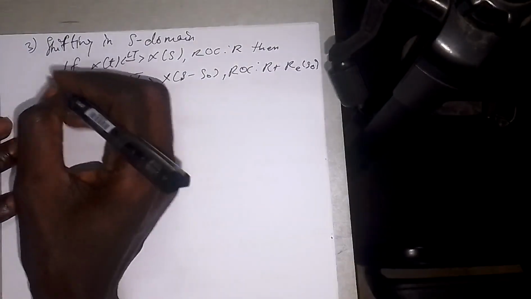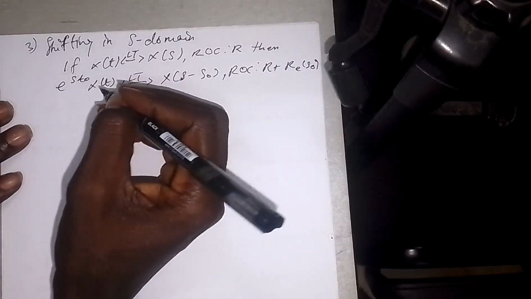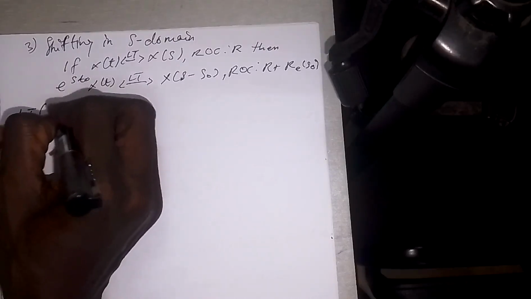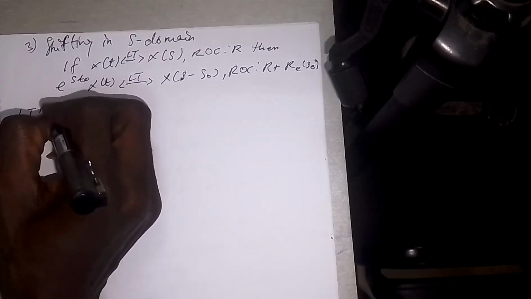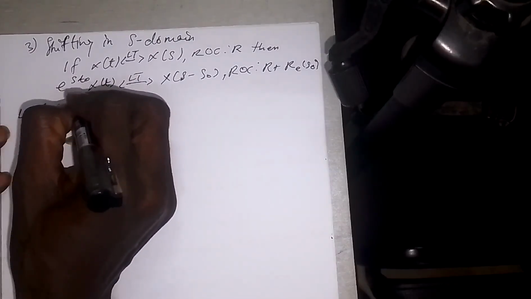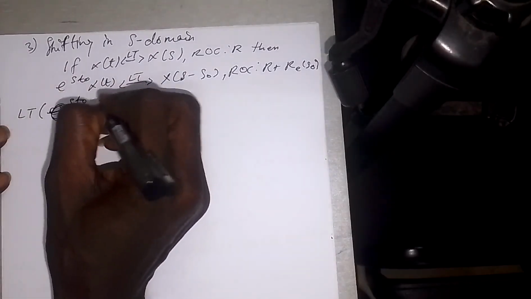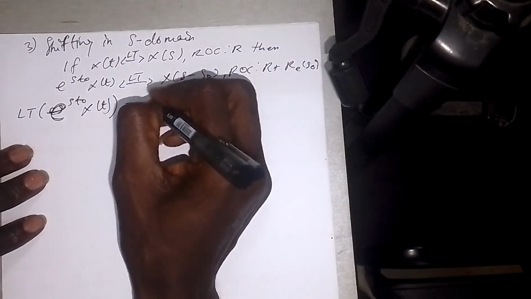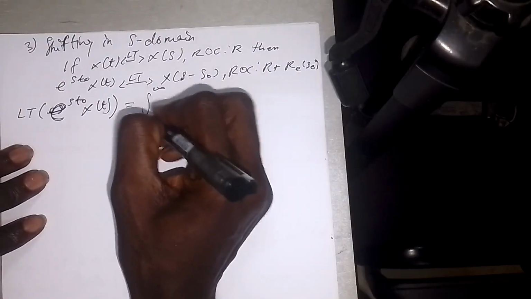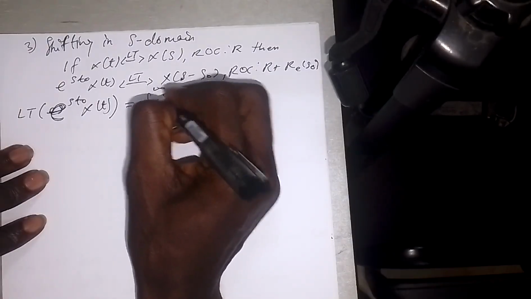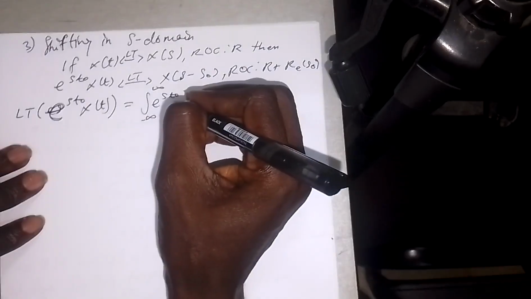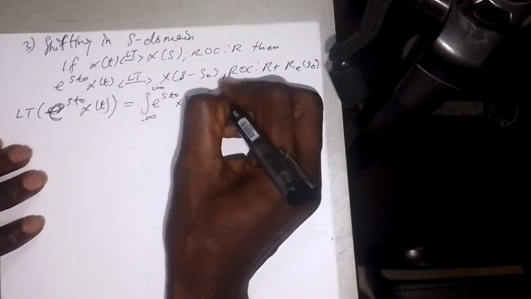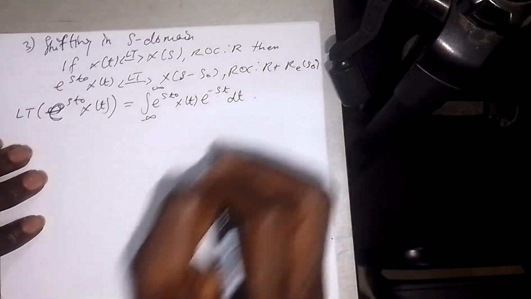Okay, so let's just prove this simple property. Here, the Laplace transform of e to the s naught t times x of t is going to be the integral from minus infinity to infinity of e to the s naught t times x of t times e to the minus s t dt.